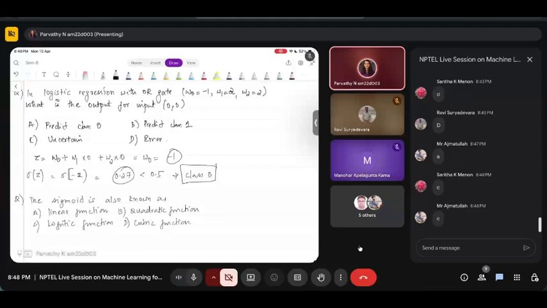Sigmoid is also known as the logistic function.